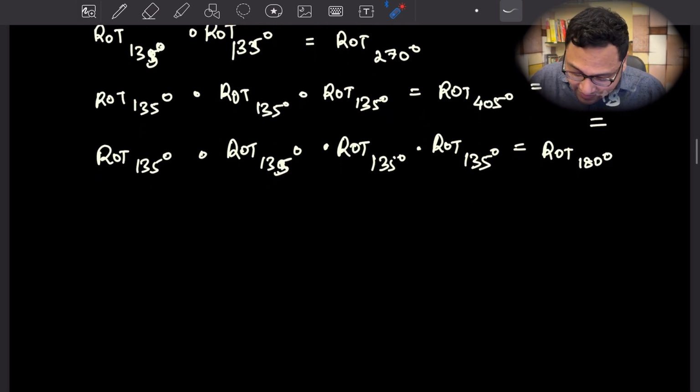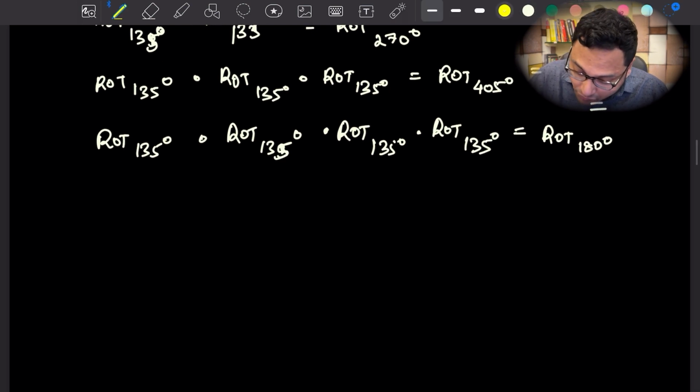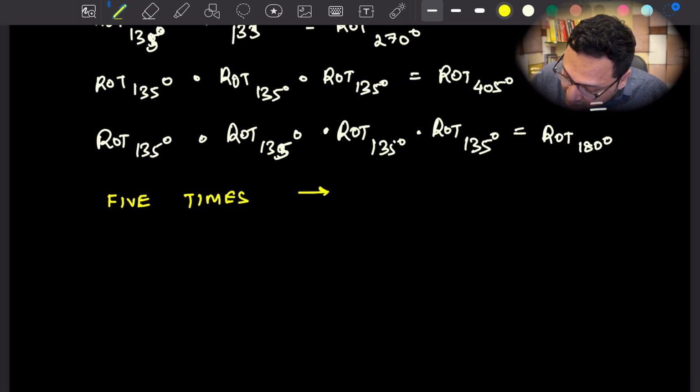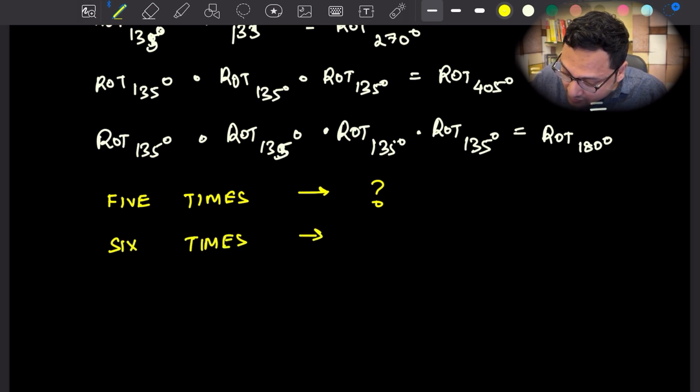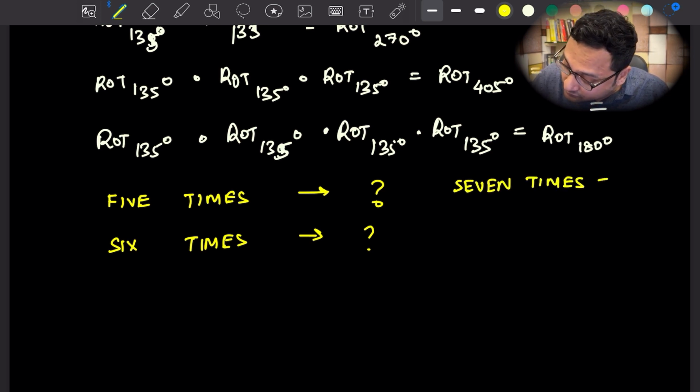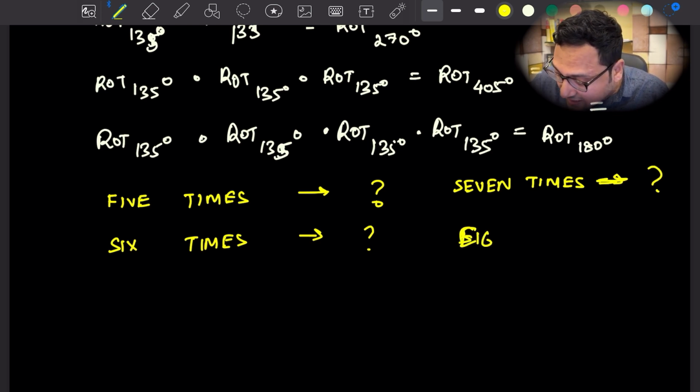This is something I will ask you to check. What happens if you compose it 5 times? It's equivalent to what rotational symmetry? If you compose it 6 times, what do you get? If you compose it 7 times with itself, what will you get? And if you compose it with itself 8 times, what will you get?